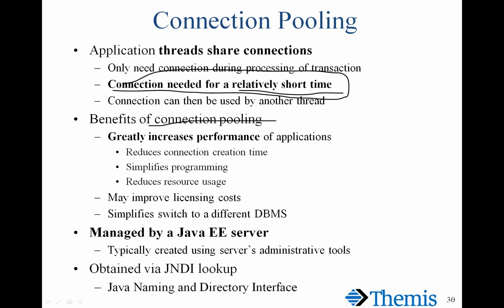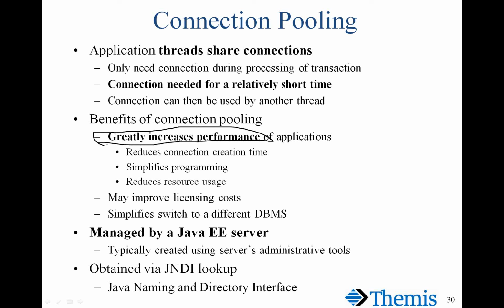So what connection pooling does is work with the database ahead of time to create a set of connections that are then available, and instead of creating a connection when you're ready to do some database work, you use a JNDI lookup, Java Naming and Directory Interface, to find a data source, which is a connection pool, and get the connection from it.